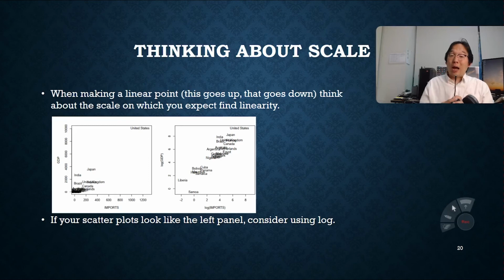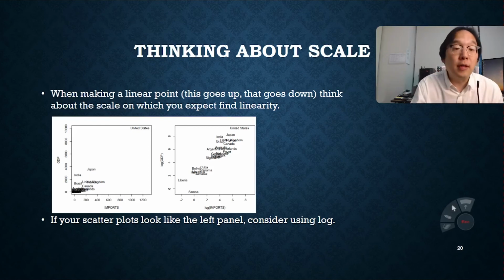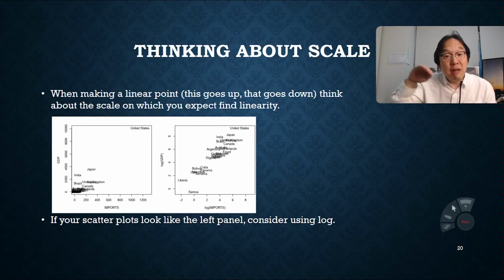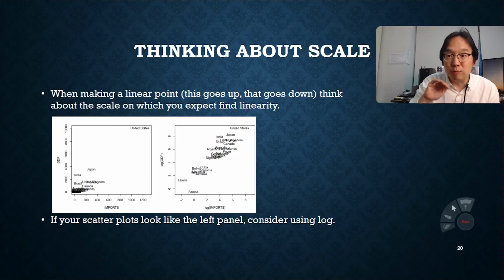So why don't we take the log of both the dependent variable and the explanatory variable, y and x variable? Both take the log of it, and now we have a more intuitive picture, right? Positive linear relation, we find it, so that we may be able to run some linear regression based on it.